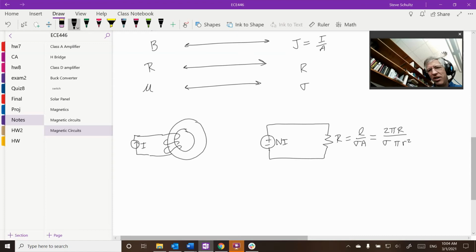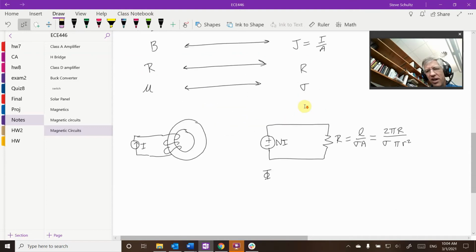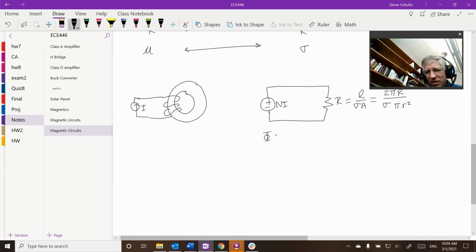Now we're using our circuits, and we see right up here that our flux is equivalent to our current. So our flux is going to be equal to Ni divided by our reluctance, which is equal to Ni divided by 2 pi R over sigma pi little r squared.